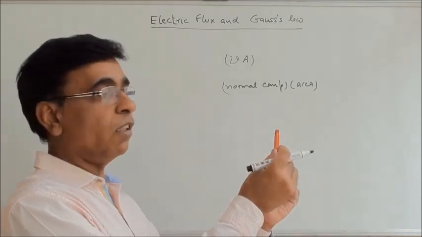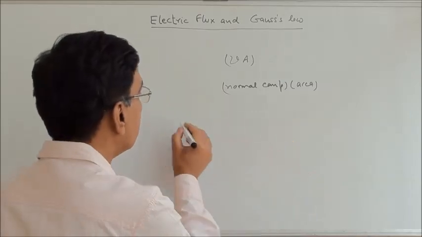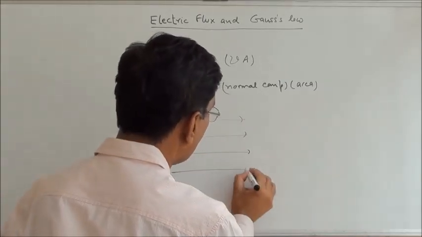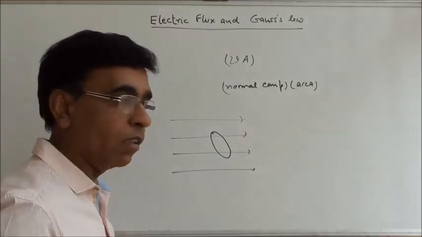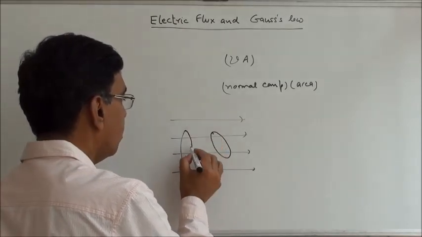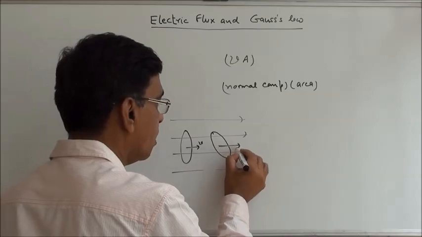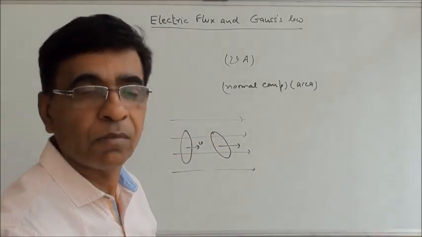In this case it is maximum. I have to take the projection. If the area is like this, velocity in this direction, the orientation of the surface has changed.